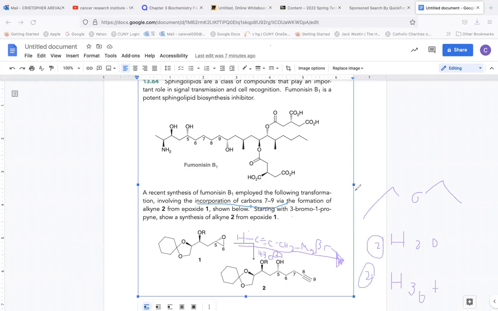So you could put that down anywhere: H3O plus, H2O in that Grignard, MgBr. It has to do with Orgo lab. If you took Orgo lab, you know these could be interchangeable. Okay.